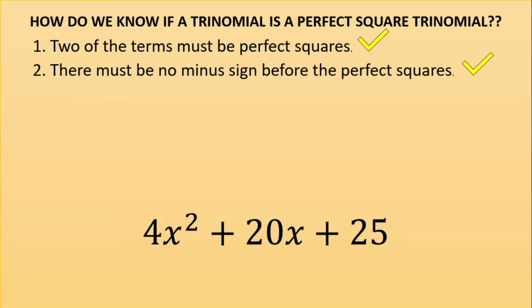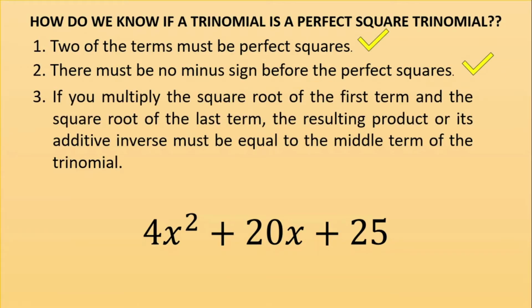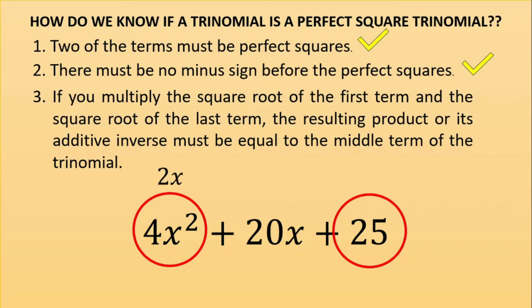Third requirement, if we multiply the square root of the first term and the square root of the last term, the resulting product or its additive inverse must be equal to the middle term of the trinomial. The first term of this trinomial is 4x squared. Getting its square root, we will have 2x. The last term, 25, has a square root of 5.